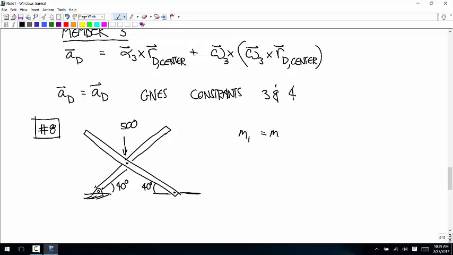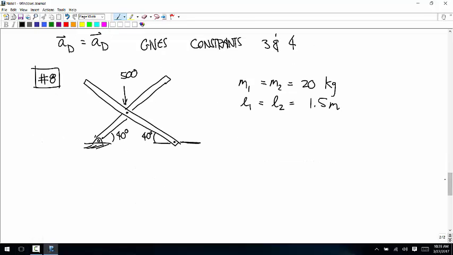M1 is equal to M2, which is equal to 20 kilograms. L1 is equal to L2 is equal to 1.5 meters. That's right.